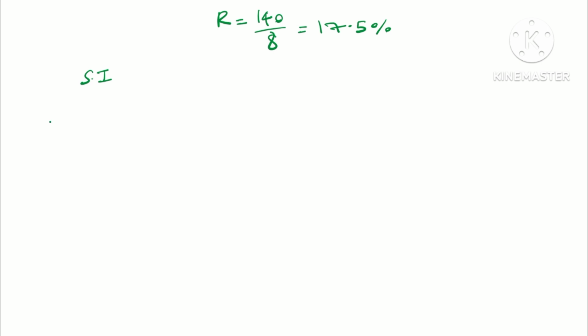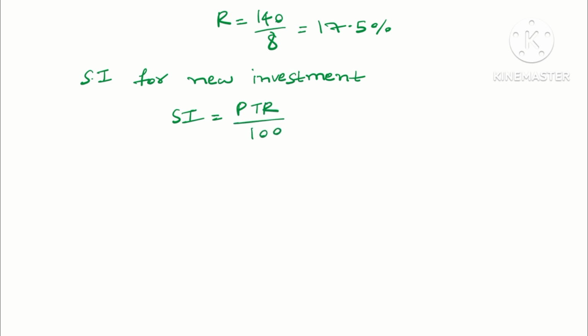Now let's calculate simple interest for new investment. So simple interest equals to PTR by 100. Let's calculate simple interest earned when 3000 is invested at the same rate for 3 years.